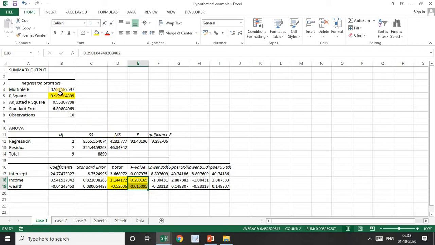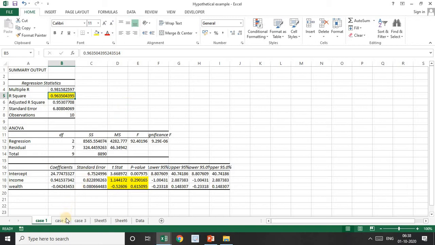But you look at this value, R square is around 0.96. It says that 96% of the total variations in expenditure are determined by the income and wealth, but income and wealth are not significant.